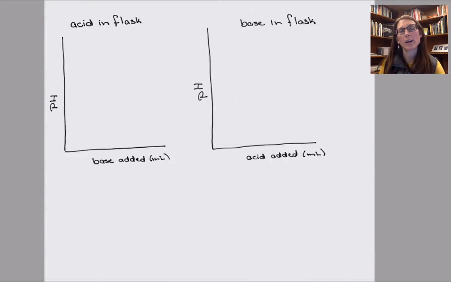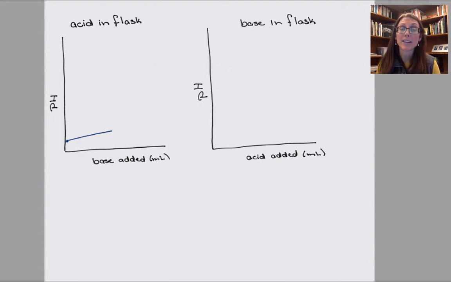If we take a look at what these things mean for the pH, if we are titrating an acid, so we're adding a base to an acid, then when you start out, you're going to have a pH that is very low because it's going to be acidic. And then as you begin to add base to that, the pH is going to slowly increase, but since there's still excess acid, that pH is going to remain low.